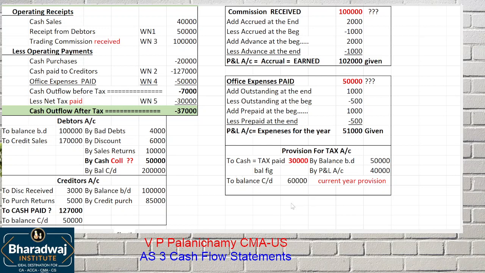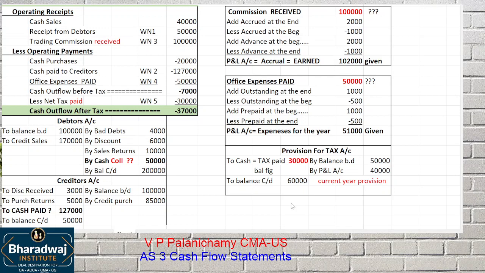In the first question, we were given all receipts and payments, and we just worked out CFO. In the second question, we find out collections and payments and record them.